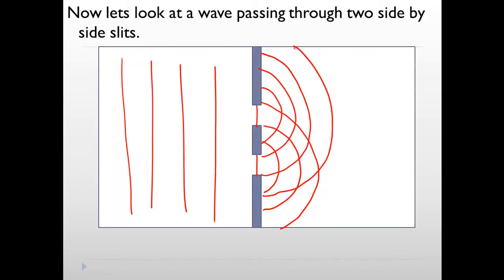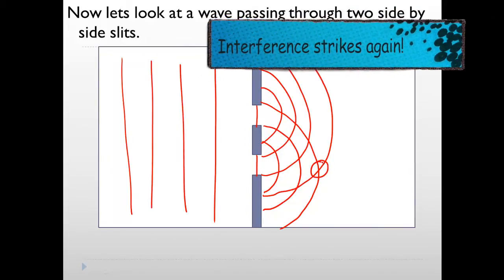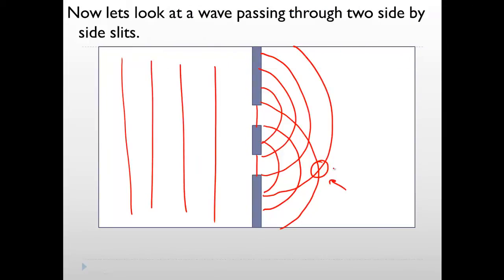Well, isn't this some interesting stuff going on here? We've got a couple of different ideas to look at. If we look right here where the two waves are crossing, well, you've all seen this before in the interference discussion. This here is constructive interference, because now the two wave fronts are actually going to add up on each other.